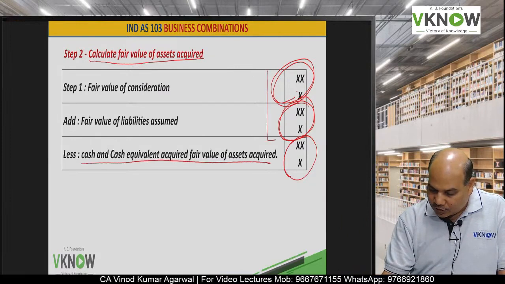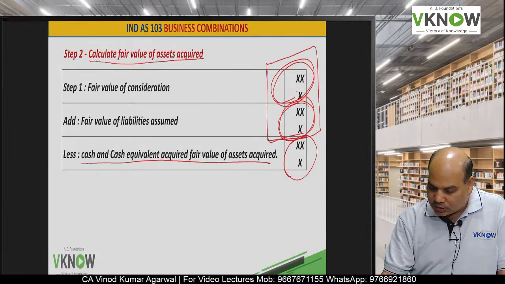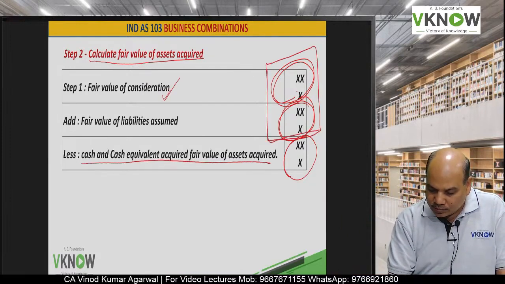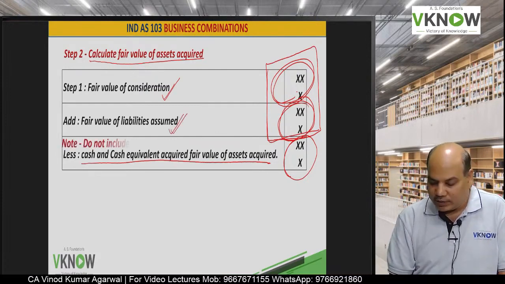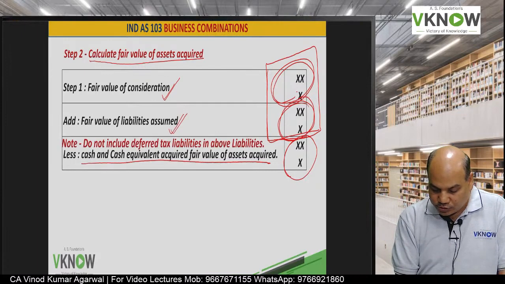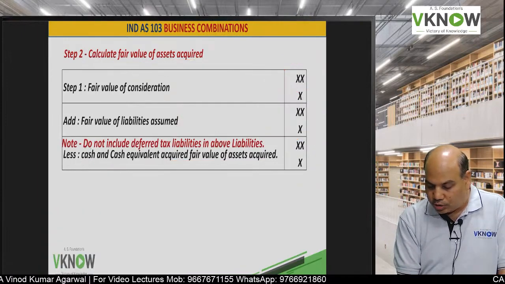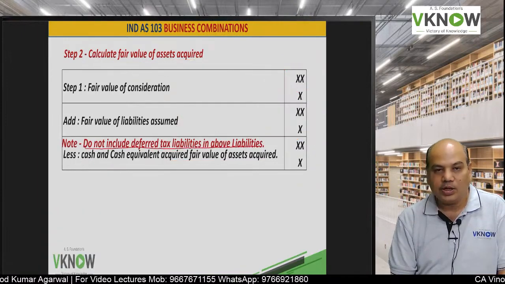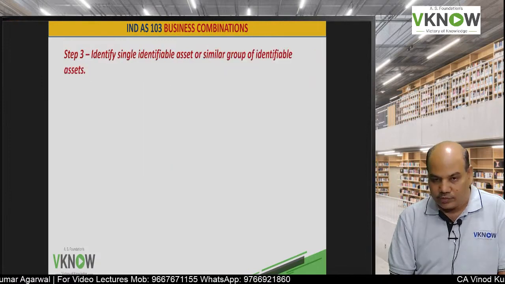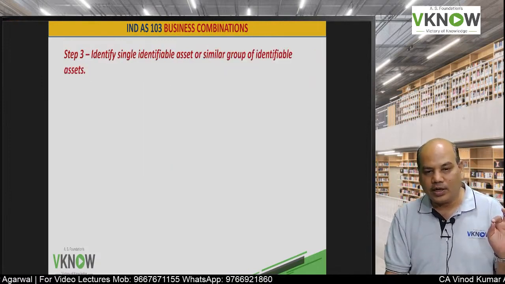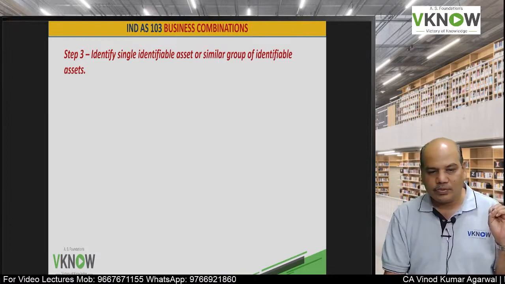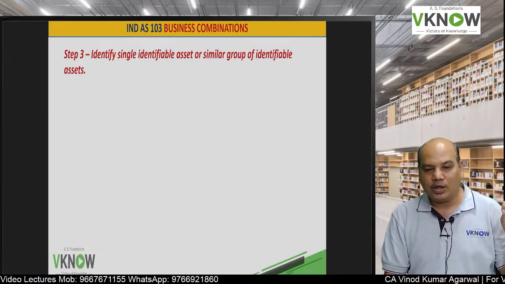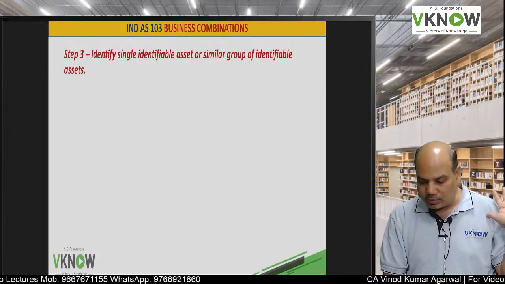So this is the fair value of the asset acquired: what you paid plus the liabilities that you assumed minus any cash. Now just note down that you do not include deferred tax liability in the above liabilities. In the liabilities, deferred tax liability will not be considered because that is only a book entry. That is not a liability actually payable to the government.